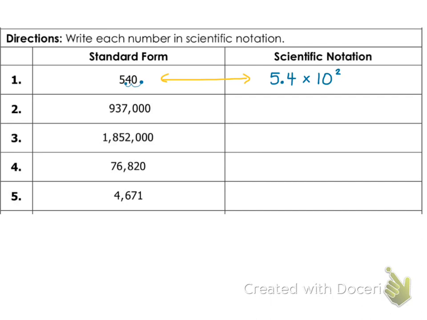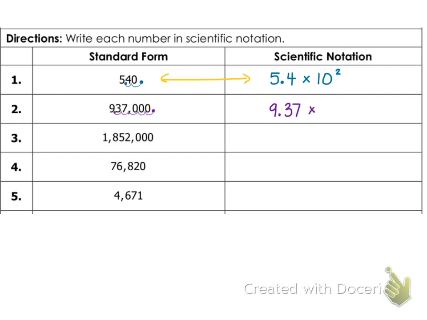For the next one, our decimal point is after all those zeros. We need to move it so that there's just one digit in front of the decimal point. So we move it in between the 9 and the 3. We're going to have 9.37, or 9 and 37 hundredths. But obviously that is significantly smaller than 937,000, and we need these two numbers to be equivalent.